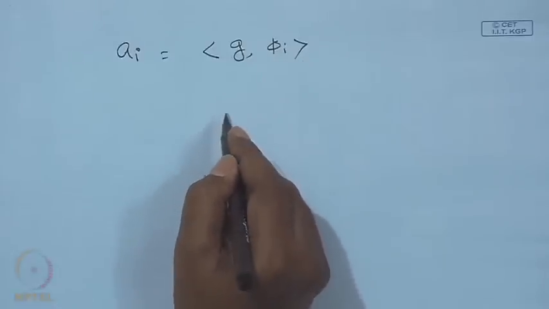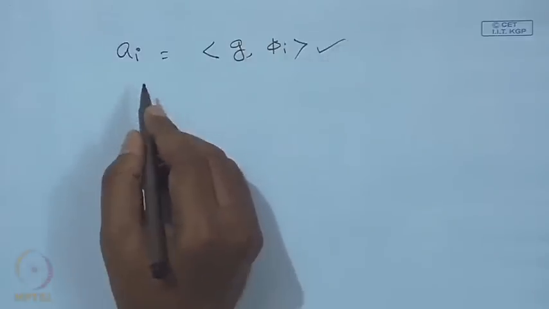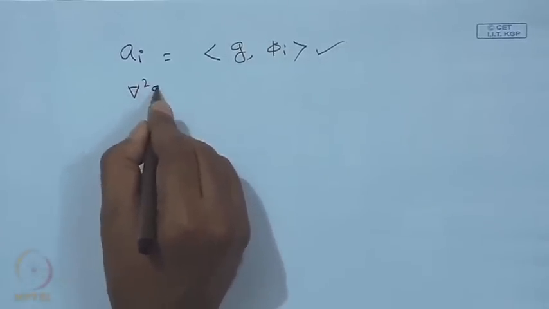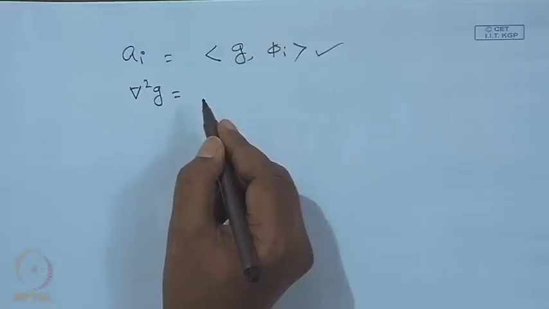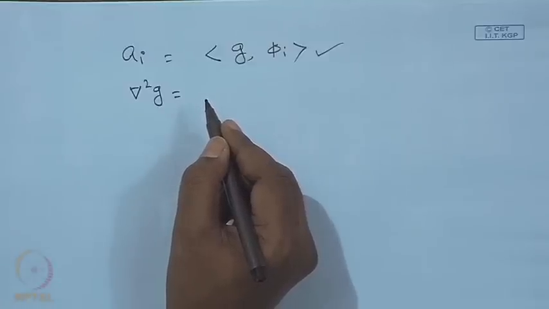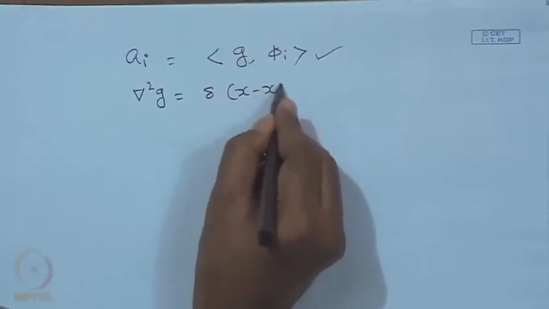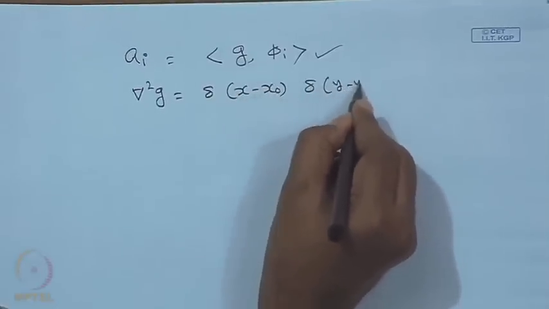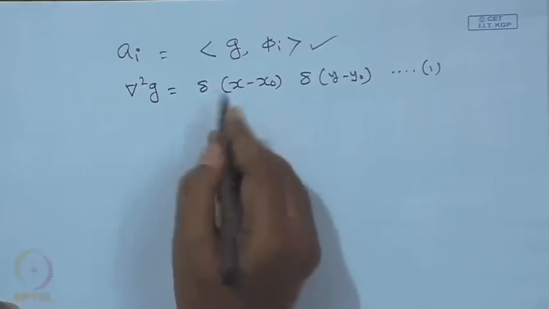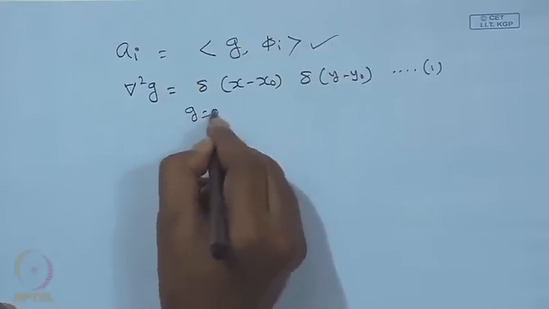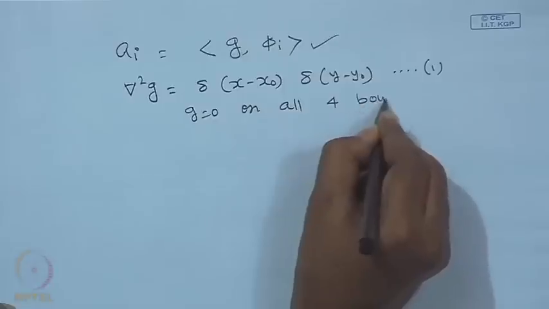Okay. So, in order to evaluate this constant, what do we do? We write down the governing equation, grad square g. It is a two dimensional Laplacian operator. So, grad square will be nothing but del square by del x square plus del square by del y square, equal to delta of x minus x naught, delta of y minus y naught. This is equation number 1, subject to g equal to 0 on all 4 boundaries.